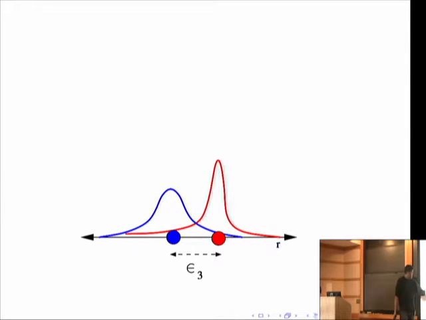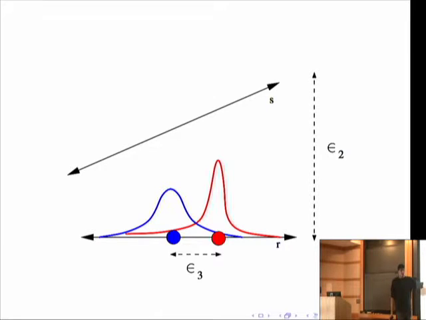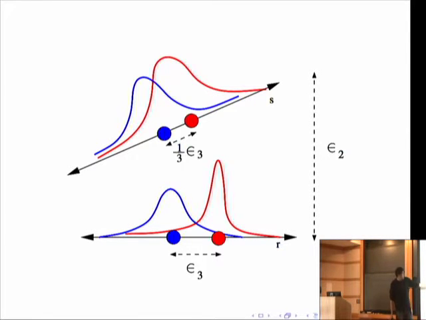But so we know the difference in their means is at least epsilon 3. Now we choose many different directions s, say n squared of them, which are within some quantity epsilon 2. They're very close to the root direction. Well, we know that the difference in means is lower bounded by, say, epsilon 3 over 3, that their means haven't crossed.